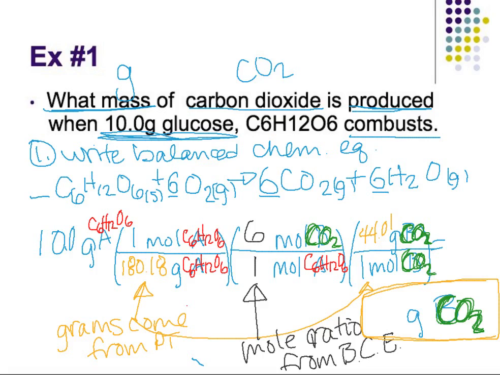I get 3 sig figs in my answer, so 14.7 is my final answer. I'm going to double check that really quick. So 10 divided by 180.18 times 6 times 44.01. Yep, 14.7. That's my first example.